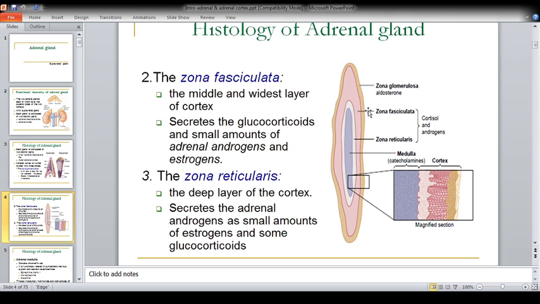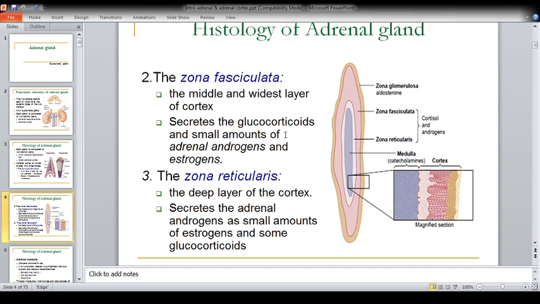Then comes the zona fasciculata, that is the inner layer. Zona fasciculata is the widest of all the three zones. It is the middle and the widest layer of the cortex, and it secretes glucocorticoids.